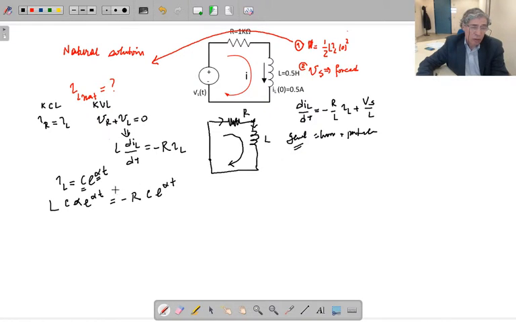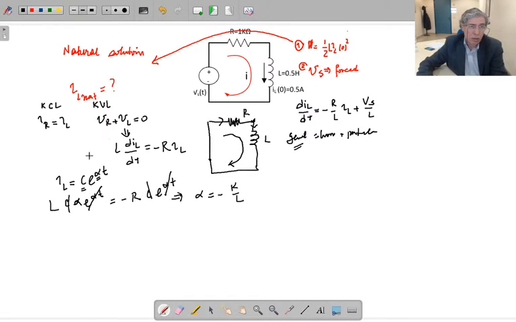As we explained already, C is different from 0, so this disappears on both sides. And e to the power alpha t is different from 0, so this and this disappear. What is left is the calculation of alpha, which is minus R over L.